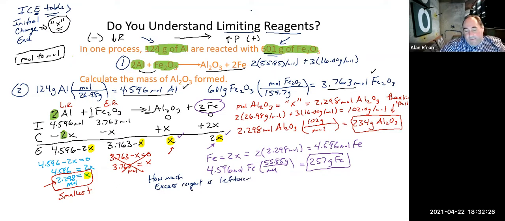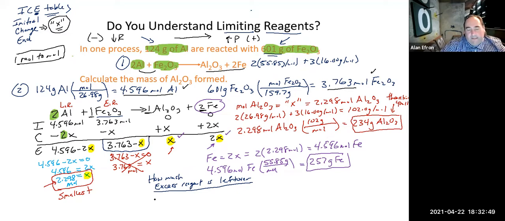Now, normally, if you do sort of a regular limiting reagent type calculation, you might have to go all the way back, do a few other type of calculations. But in this case, we already know that our iron 3 oxide was our excess reagent. We also know that when we're done, the iron 3 oxide would equal this from our table.